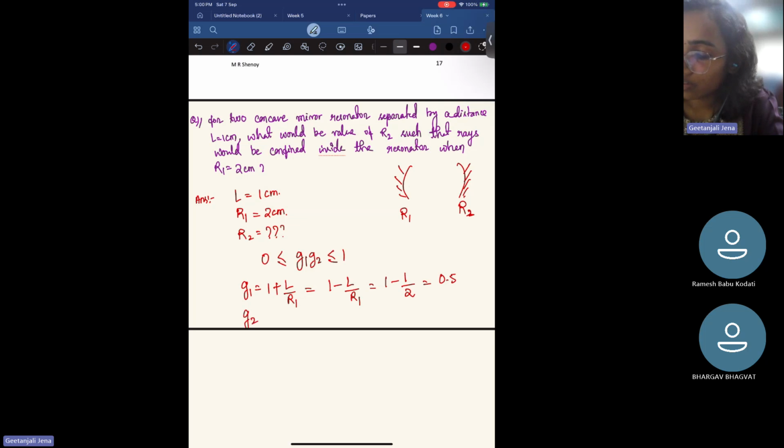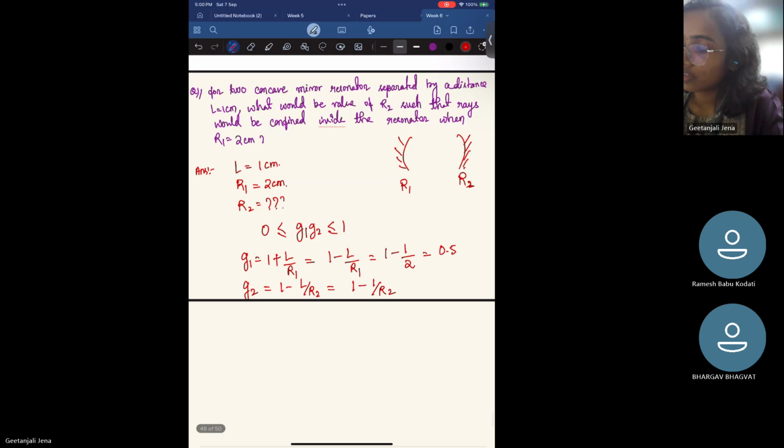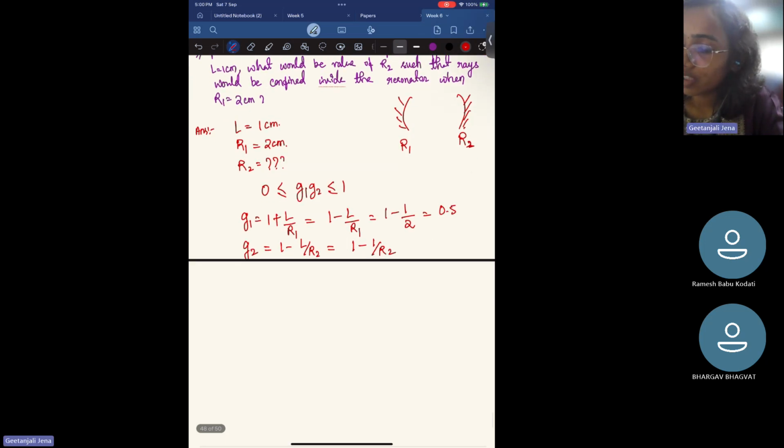And G2 value is 1 minus L by R2, and it is 1 minus 1 divided by R2. So we just have to put in the stability condition to get the value of R2. So 0 less than 0.5 times (1 minus 1 by R2) less than or equal to 1.